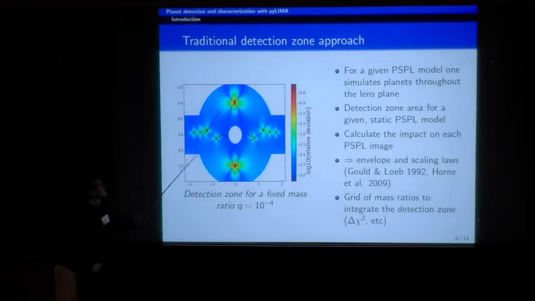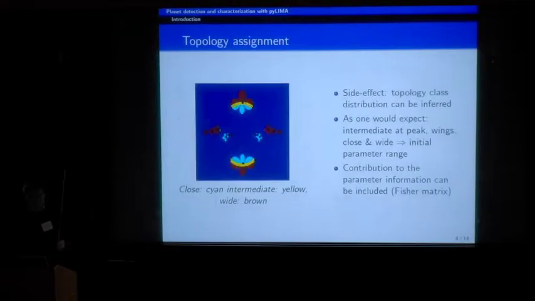So the green and red areas are well detectable. Traditionally, we then calculate the detection zone based on that. Initially, with the envelope of that, you can already find it in Gould and Loeb 1992, motivating also the high magnification events. And later in the RoboNet team, the Horne et al. paper 2009 gives you a good idea of that. Unfortunately, this is for one mass ratio, so you have to repeat that time and again in order to reach the desired solution.